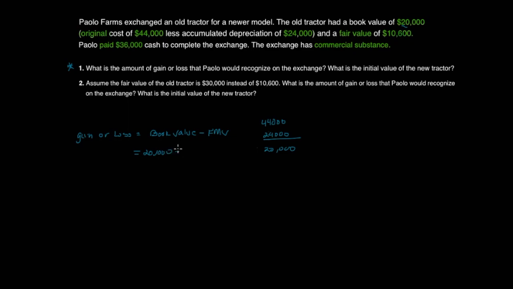and then you subtract the fair market value, and that is what it's worth right now. There's ways to get fair market value, but in this scenario, it's given. Sometimes it's calculated just by comparing this asset to another asset like that one. So another asset might be worth $10,000, so you're going to price yours at fair market value of $10,600.